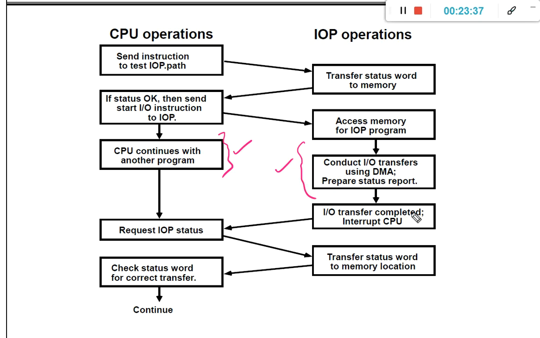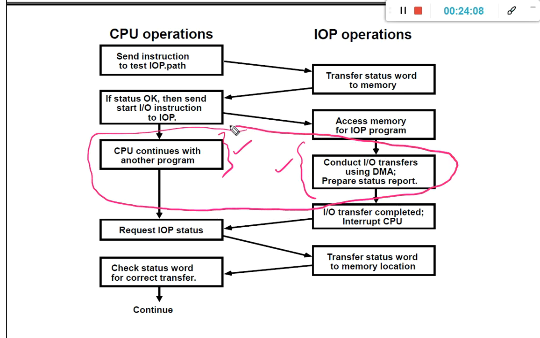After the I/O transfer is completed, send an interrupt signal to the CPU, request the I/O processor status, transfer the status word to a memory location, check the status word for correct transfer, and then continue. So like this, the operation between the CPU and the input-output processor is carried out. Here the main logic is that the CPU continues execution with another program, whereas the I/O processor conducts the I/O transfers using direct memory access.